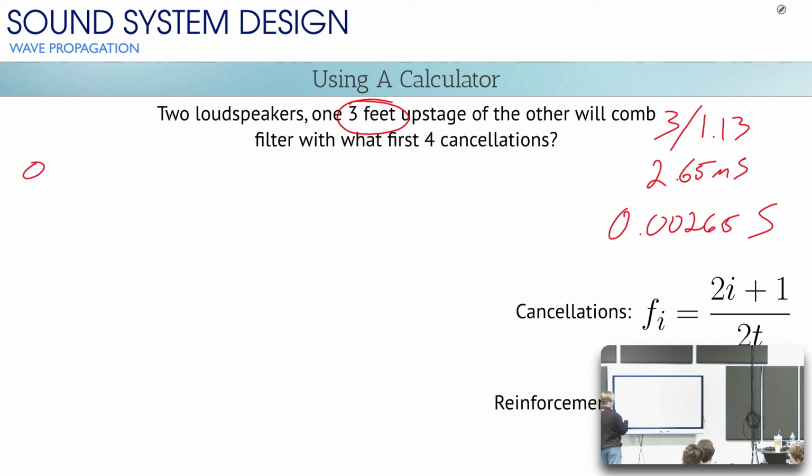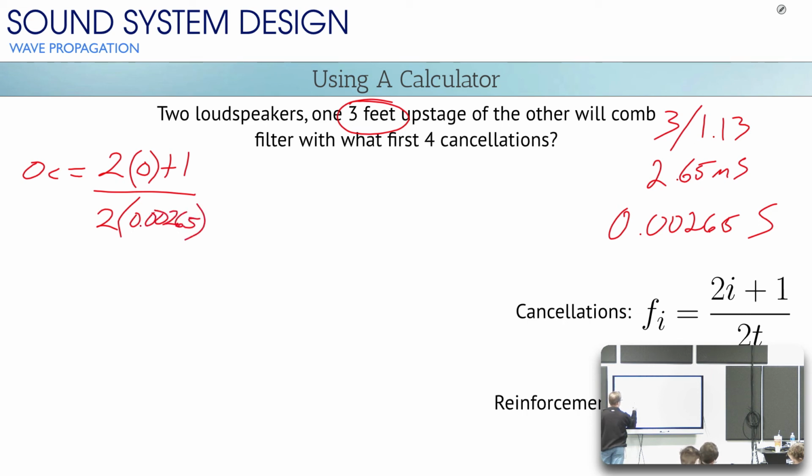It's usually the cancellations we're worried about the most because we notice those the most. So 0 for C is going to be 2 times 0 plus 1 divided by 2 times 0.00265. So 2 times 0 is 0, so you're really talking about 1 divided by 0.00265. I got 188.68 hertz. I need 2 more people to get that before I will accept it as correct.